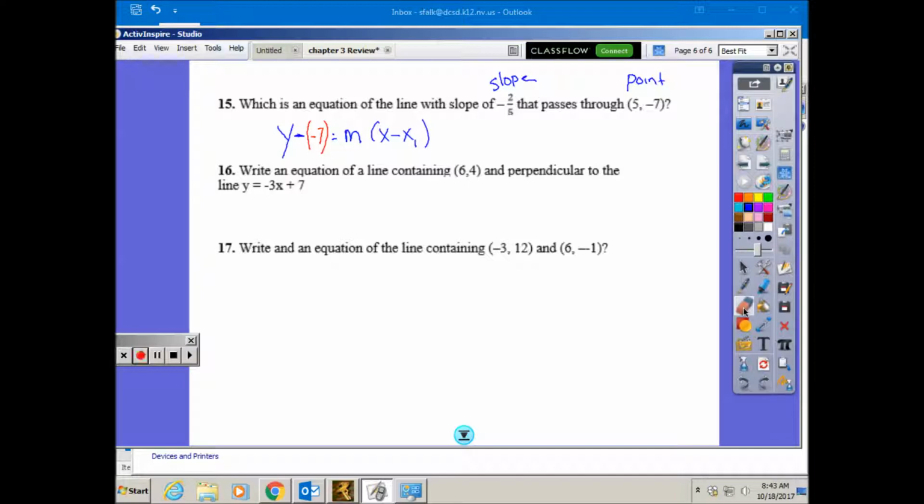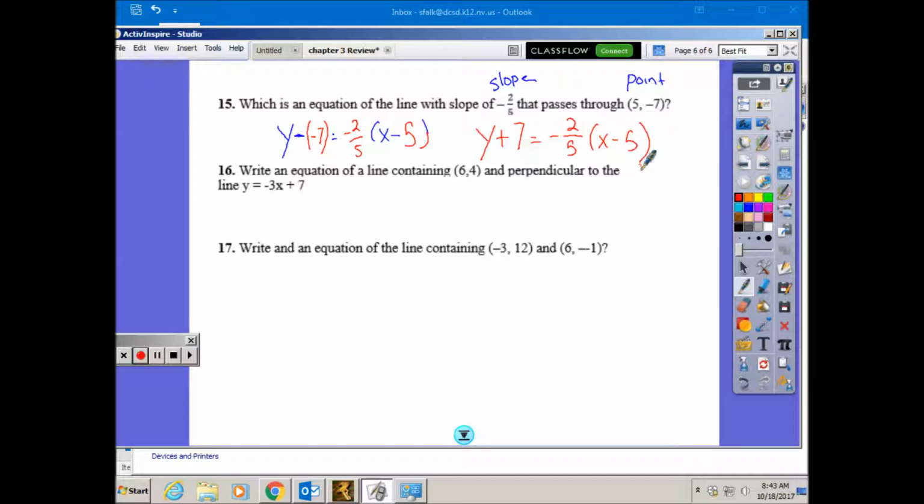The slope, so I'm going to take out the m and put in a slope of -2/5, and I'm going to take out the x1, and my x value is 5. So when I rewrite that, y minus -7, subtracting a negative is the same as adding. So y plus 7 equals -2/5 (x minus 5). So that's what you would need to do to write an equation of a line.